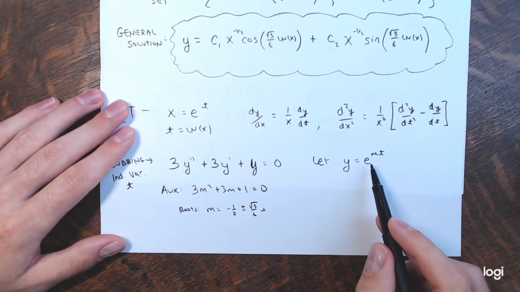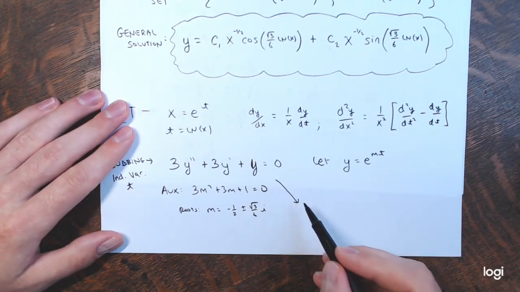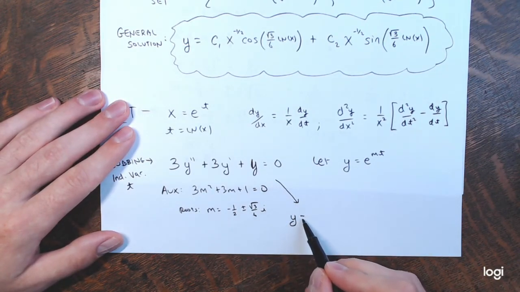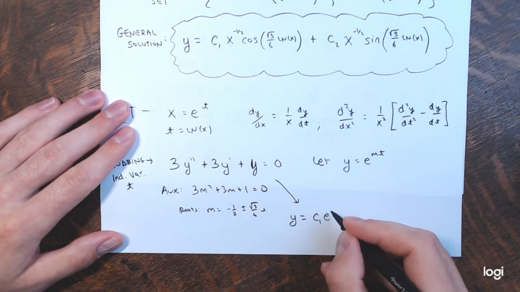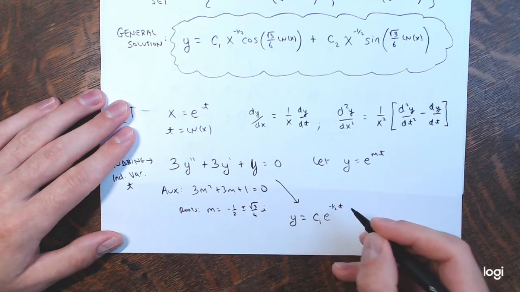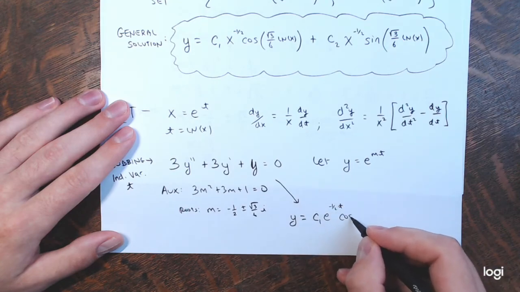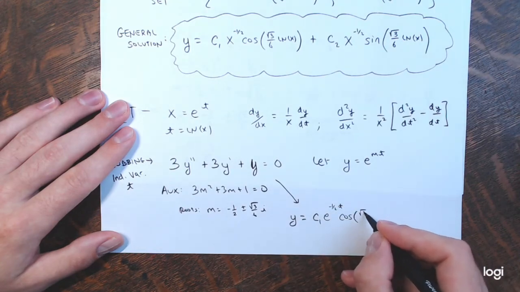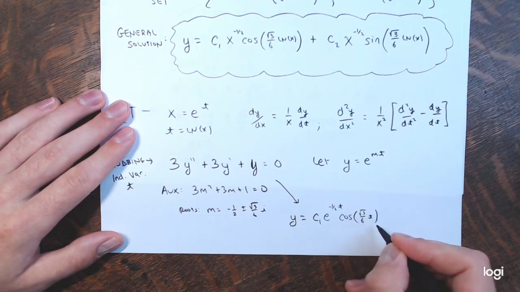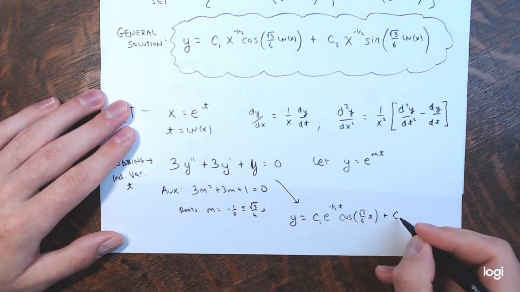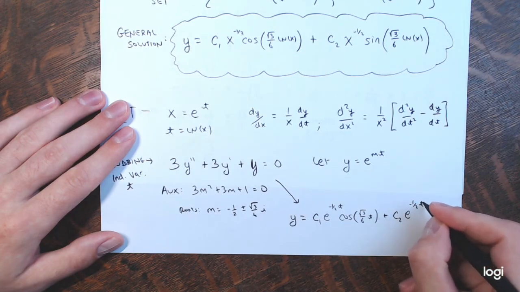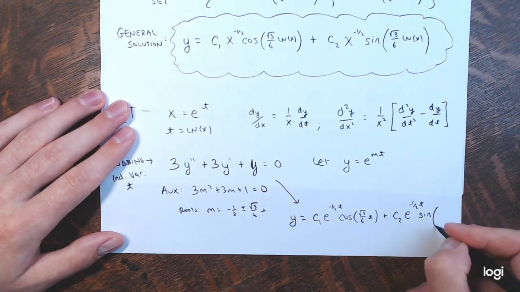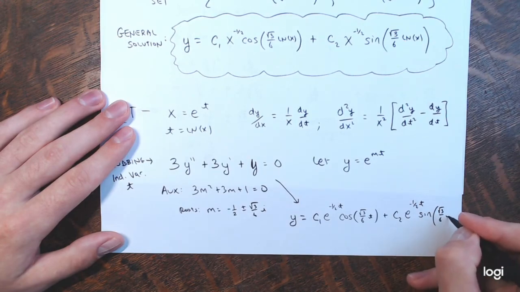And hopefully you recall then, the general solution will be y equals some constant c1 times e to the negative half t times the cosine of the square root of 3 over 6 times t, plus some constant c2 times e to the negative half t times the sine of the square root of 3 over 6 times t.